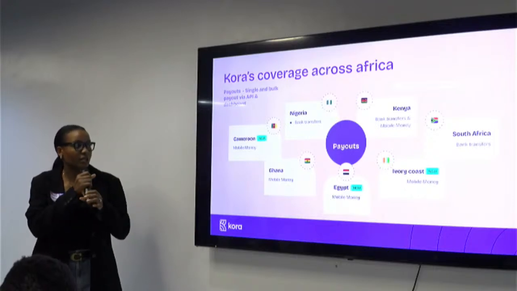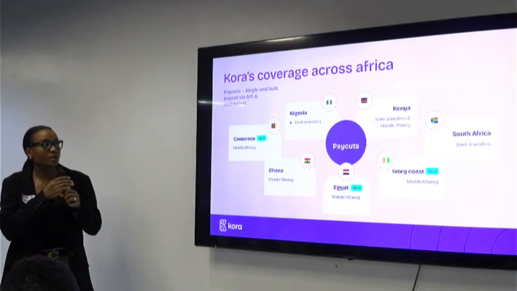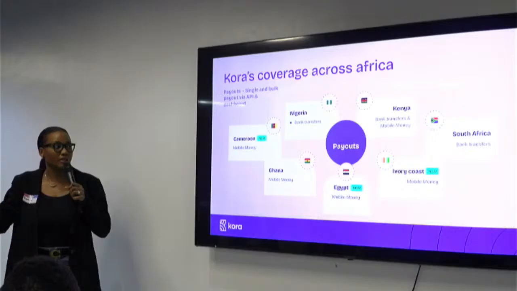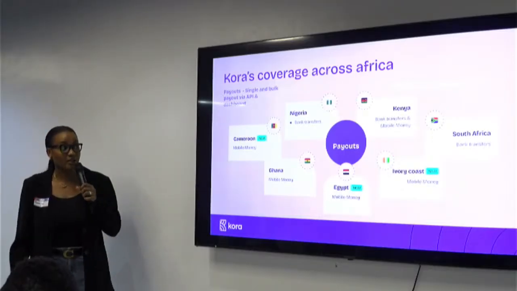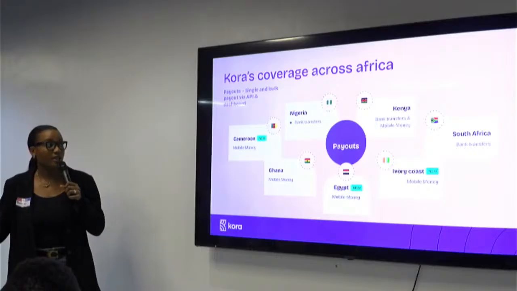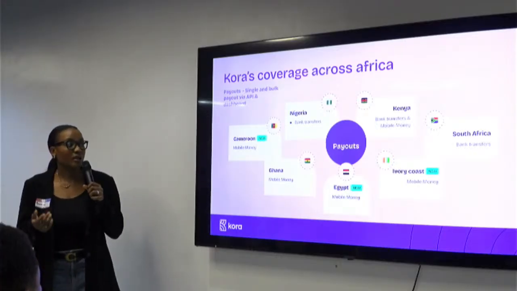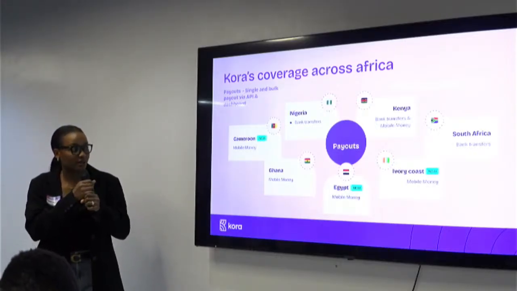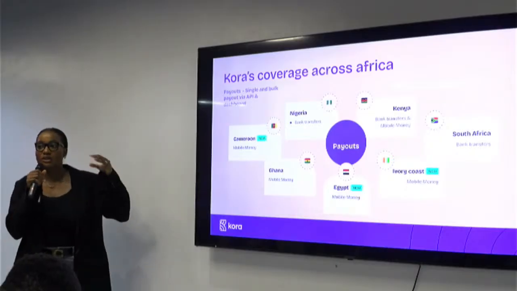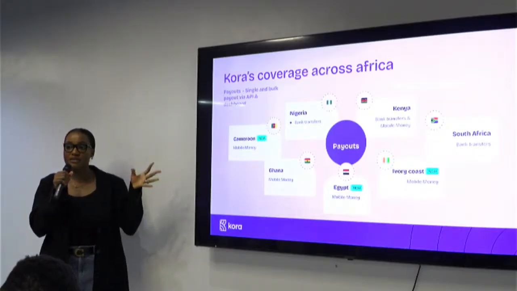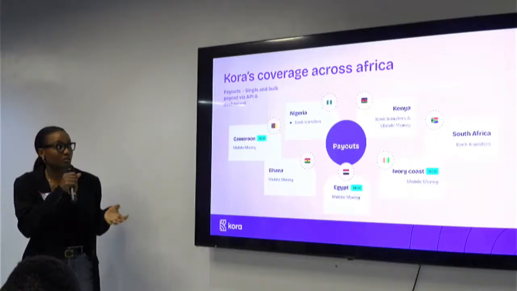Ghana, mobile money. Egypt, mobile money. Kenya is also a little bit advanced in terms of payment, so there is both bank transfers and mobile money in Kenya. In South Africa, we have bank transfers, and in Ivory Coast, we have mobile money. Again, in these regions, we also cover all the prominent payment networks or mobile networks.